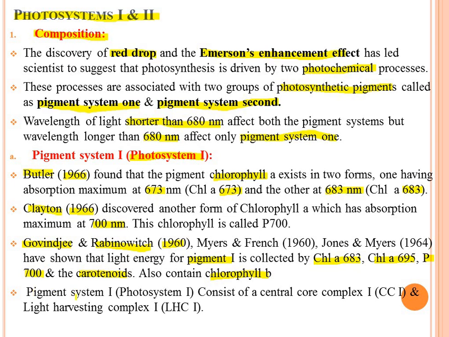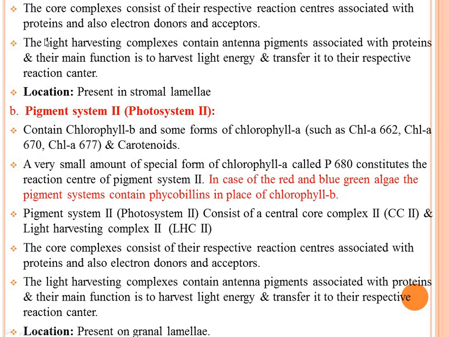The next one, photosystem 1 consists of a central core complex 1 and light harvesting complex 1. These two complexes are associated with photosystem 1. In the core complex, there are the respective reaction centers associated with proteins, also electron donors and acceptors.